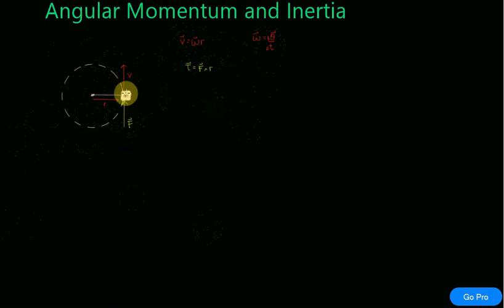So this object will start possessing some kind of momentum. When we spoke about linear momentum, we said that linear momentum is equal to mass times velocity.